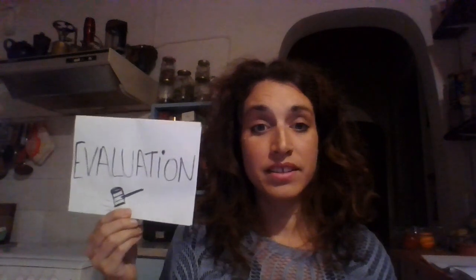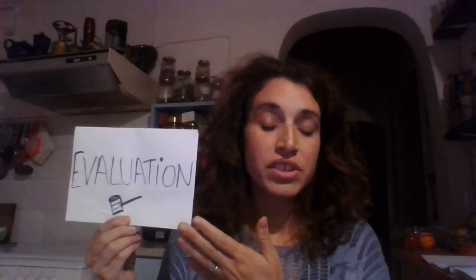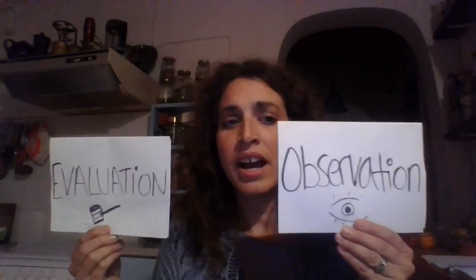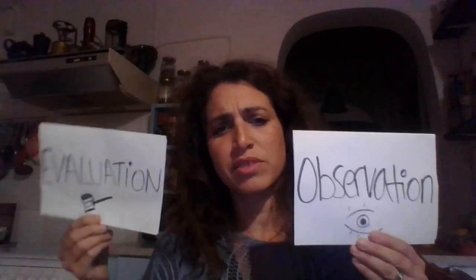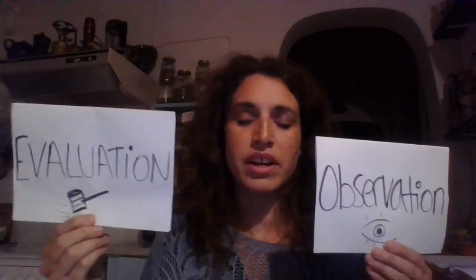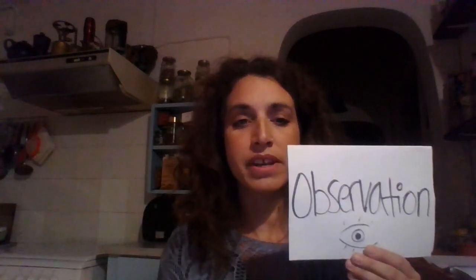But the good news is that we can change our evaluations into something else, which is an observation. And the question is, why would I want to change my evaluation? What does it do for me? Why do I want to try and change my evaluation into an observation?